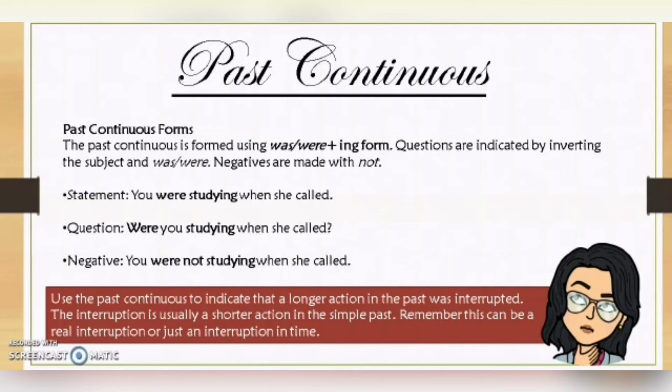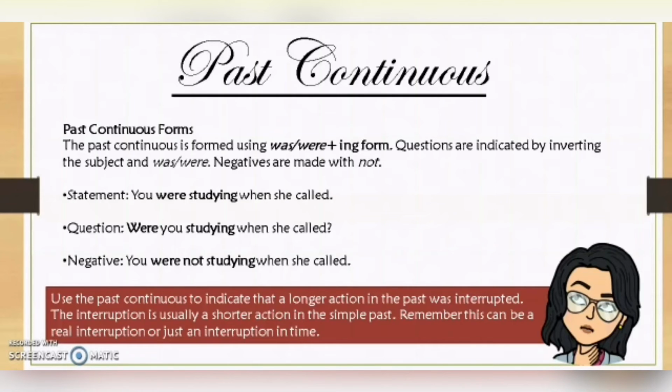For questions, they are formed by inverting the subject and was or were, and the negatives are made with not. This is the same as in the present, okay? You change the places and you have a question, and you put a not and have a negative. For example, in the statement you say, you were studying when she called.